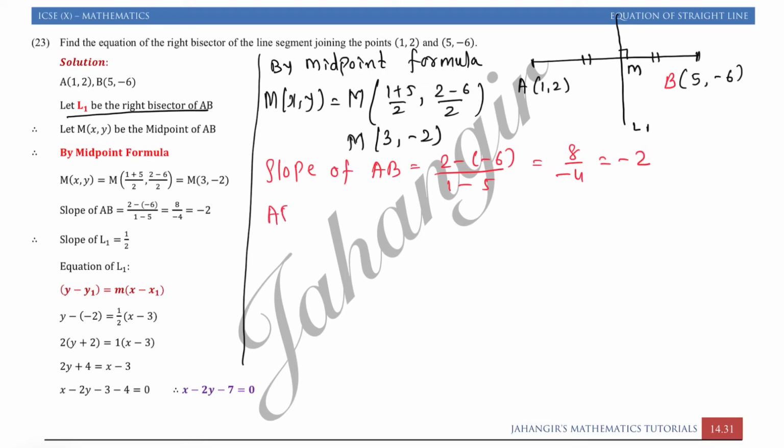Since AB is perpendicular to L1, so therefore you can write here AB perpendicular to L1. Therefore slope of L1 is the negative reciprocal, 1 by 2.